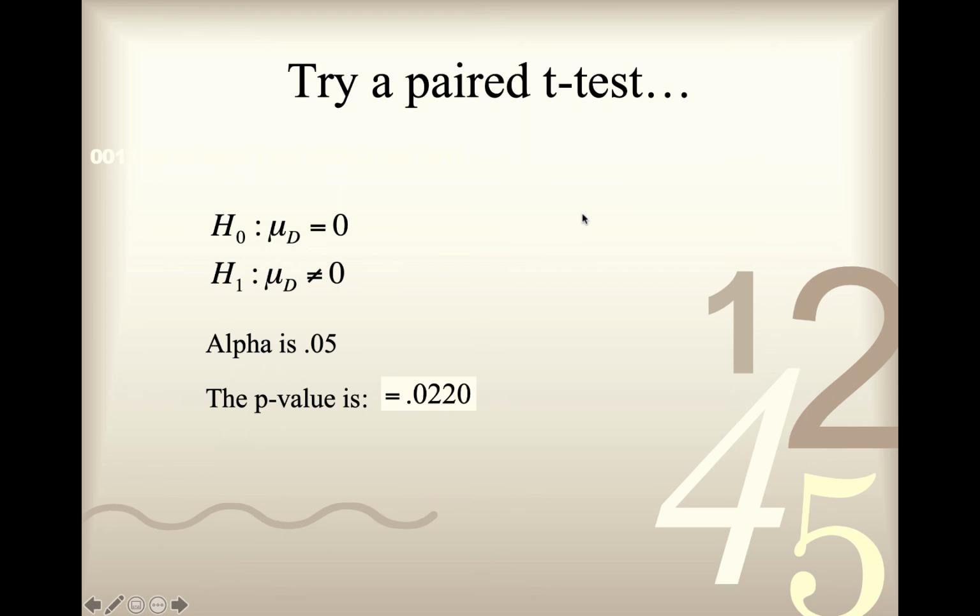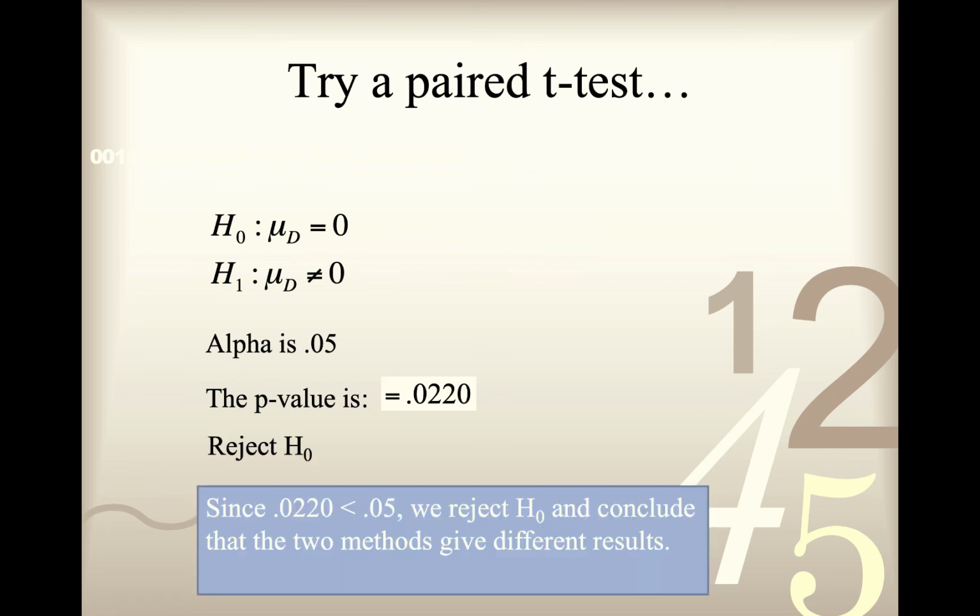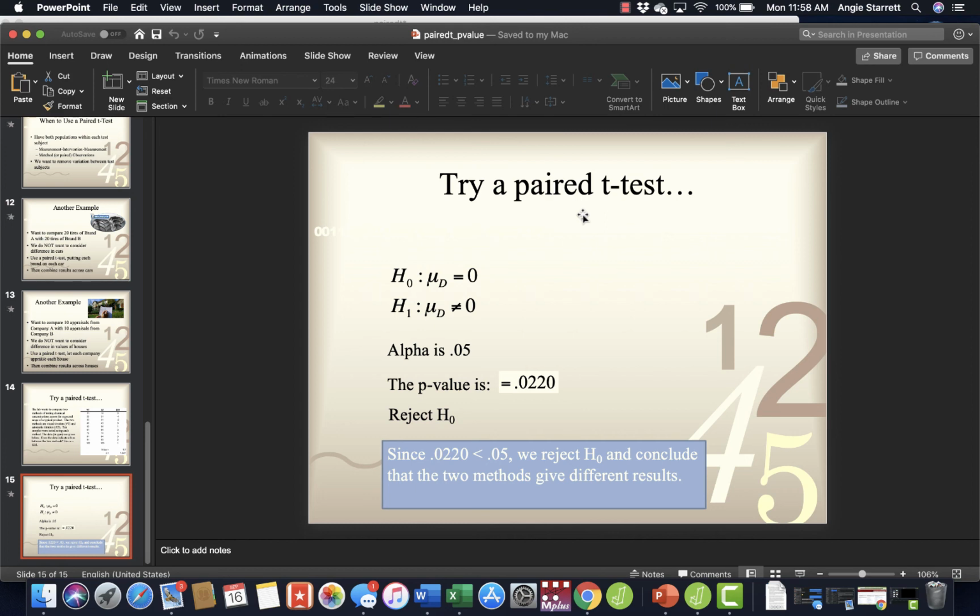All right, but we saw that our p-value was 0.0220, so we reject the null. All right, and we conclude that the two methods do, in fact, give significantly different results. All right, so at this point, I think you're ready to watch the classwork and to actually start interpreting some of these problems on your own.